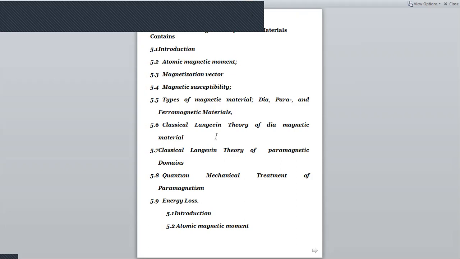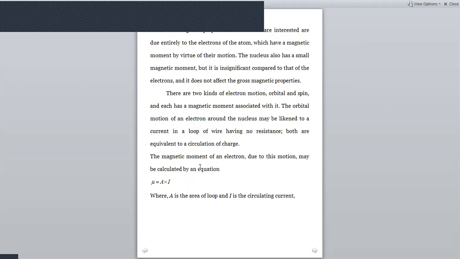Here, in magnetic properties of the solid, we will discuss magnetism. And in magnetism, firstly, we will see what magnetism is. Magnetism is an inherent property of the material, or sometimes you can say every material is a magnet.